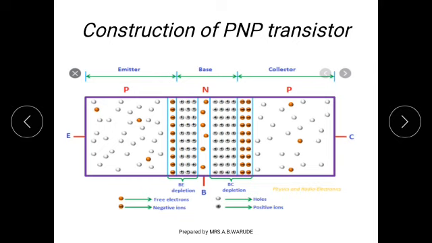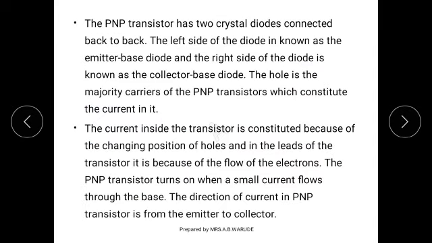Here this arrow shows the direction of flow of the electrons. These are the free electrons and these are the negative ions, and holes denoted by white dots are positive ions. Here a depletion region is created in between P and N. The PNP transistor has two crystal diodes connected back to back.